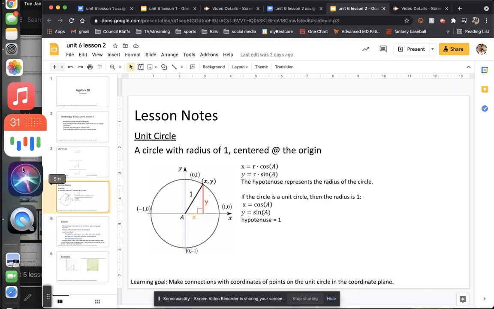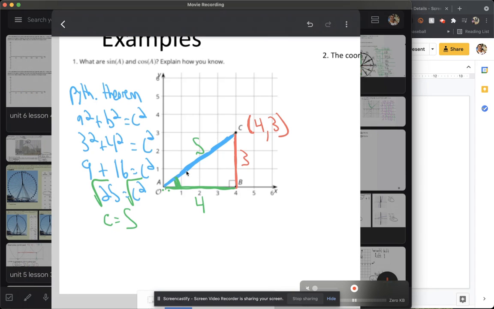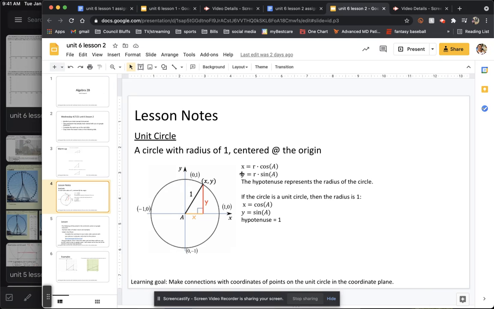So to figure out the sine and the cosine of this angle over here, I'm going to go back to my lesson notes, and I'm going to use these formulas here.